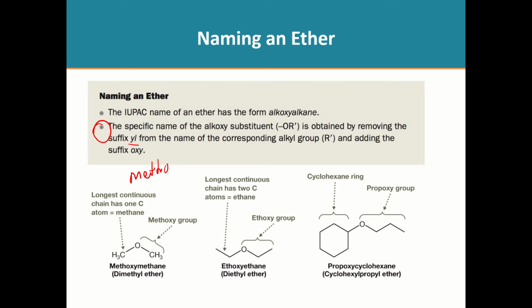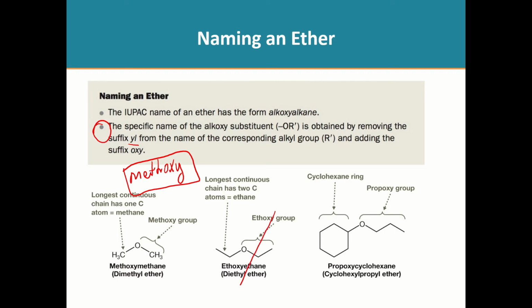So that would be a methoxy. And then you put the methoxy first in the name, so it's kind of like a substituent to the parent chain. So we have methoxymethane. And that oxy right there is telling you that you have an ether.